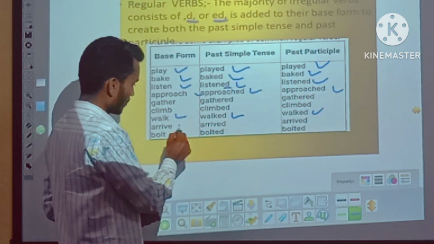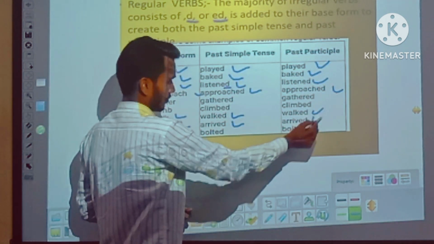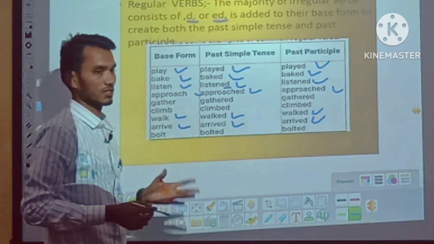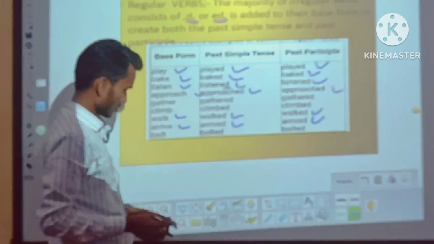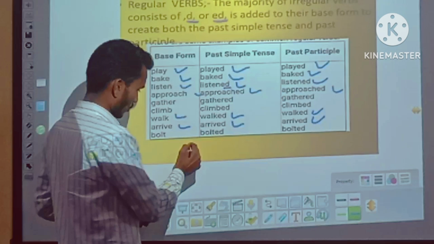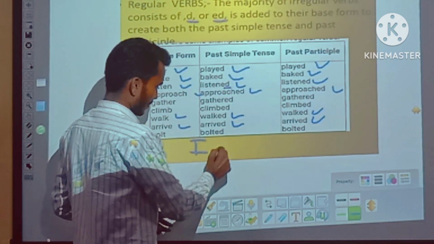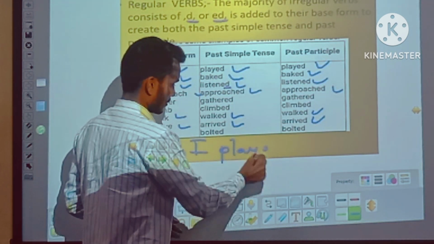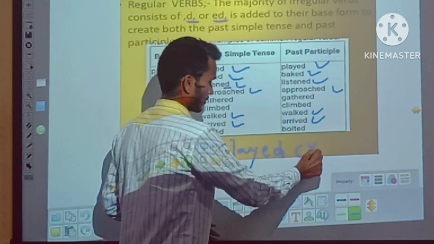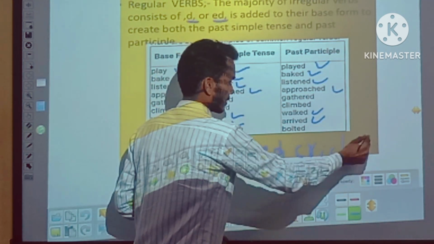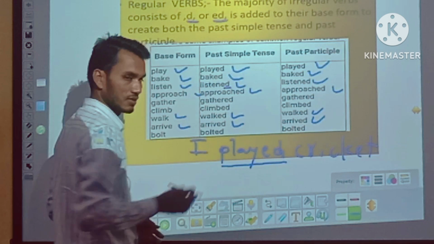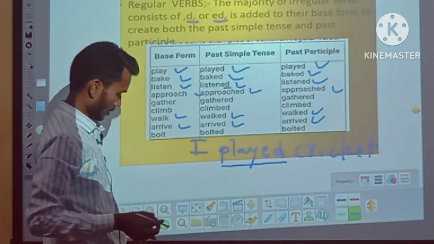Arrive, arrived. These are the examples of regular verbs. Let me give you one more example: I played cricket. Here played is a regular verb.